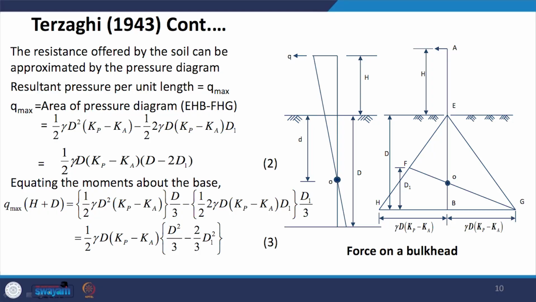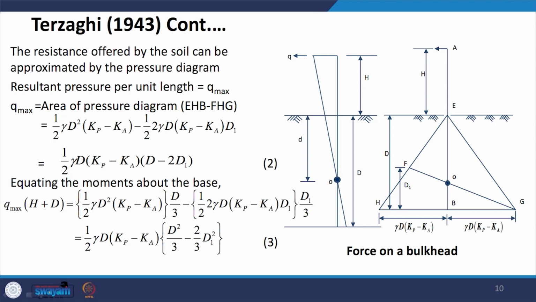So, capital D is the depth of the well foundation, and force Q is acting at a height h. When this force Q acts at height h, it will try to pull, and the well will try to rotate. If the rotation is fully raised, then the point of rotation will be at the base, at the bottom.